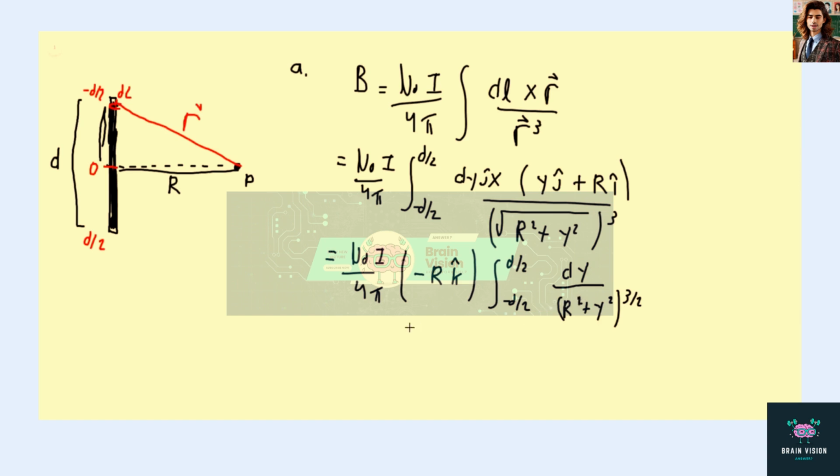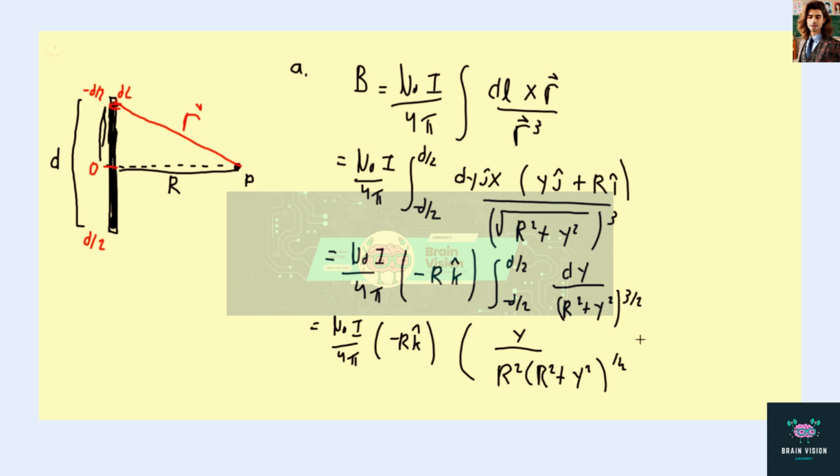Now this is a relatively simple integral that we can just evaluate. You can look this up in a table. We still have all of this, and the integral should evaluate to y over R squared times R squared plus y squared to the 1/2, evaluated from d over 2 to negative d over 2.